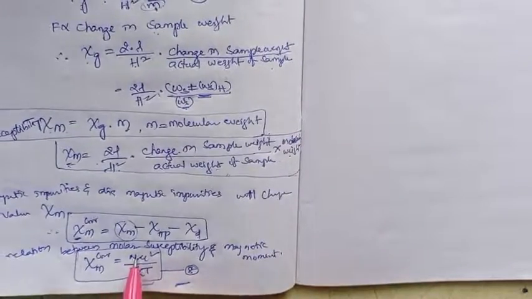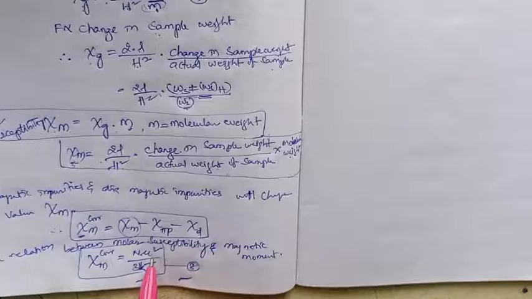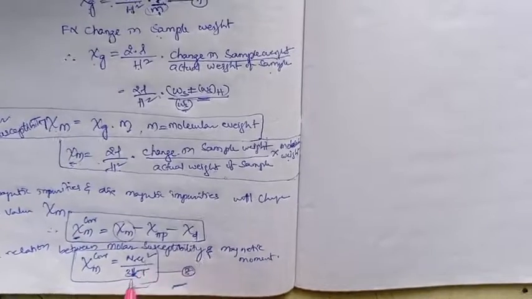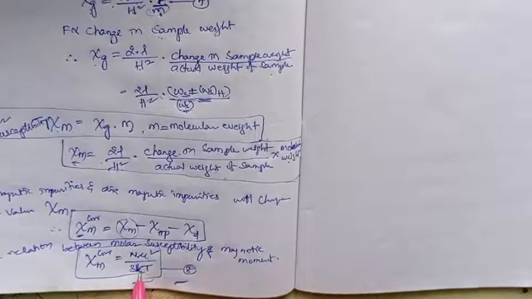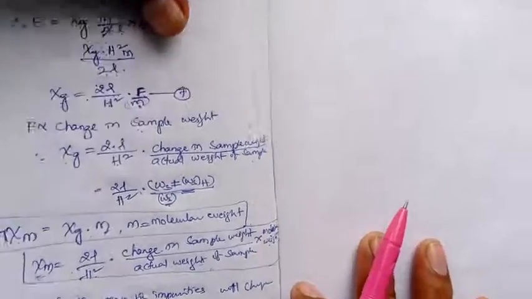Here the capital N is the Avogadro number, mu is the magnetic moment, k is the Boltzmann constant, and T is the temperature.